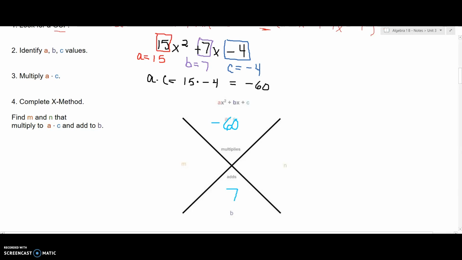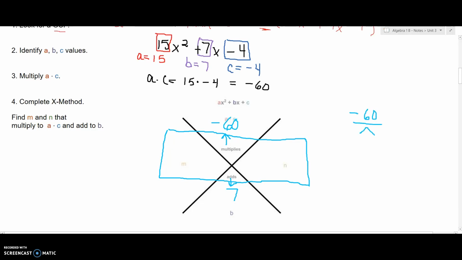And just like before, we are going to look for an m value and an n value that multiplies to negative 60 and adds to 7. In order to do that, we need to find the factors of negative 60.